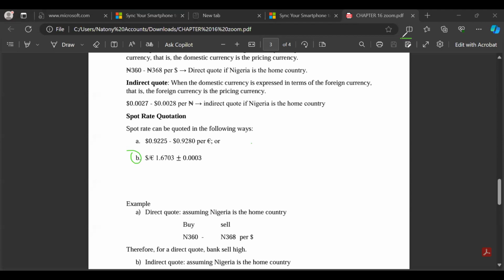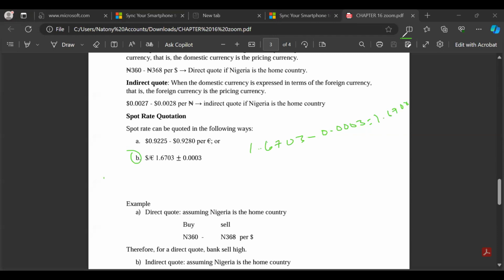You have 1.6703 minus 0.0003, and if you do the calculation, it will give 1.6700.